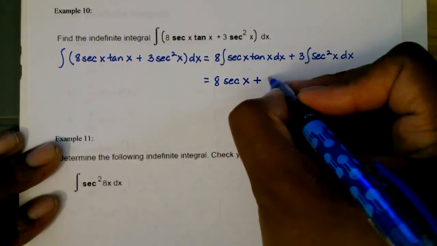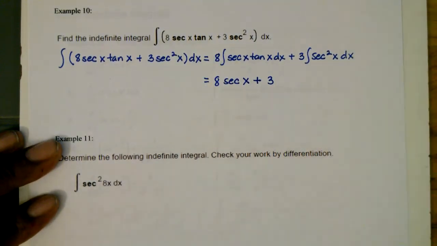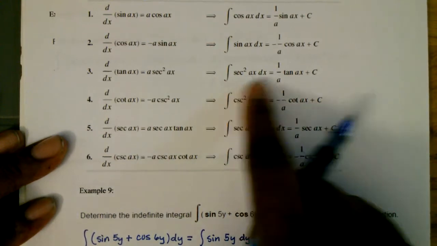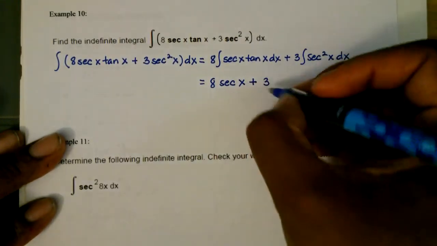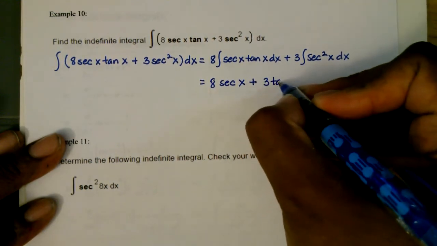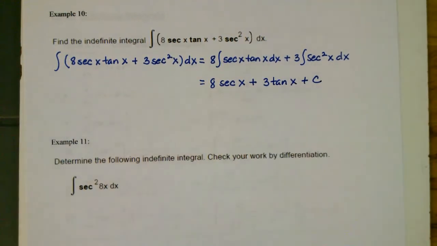plus, bring down the 3, the integral of secant square x. The integral of secant square x would be tangent of x, because the derivative of the tangent is the secant square. And then plus c.